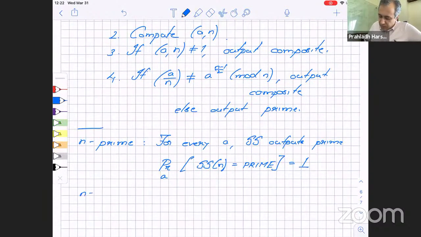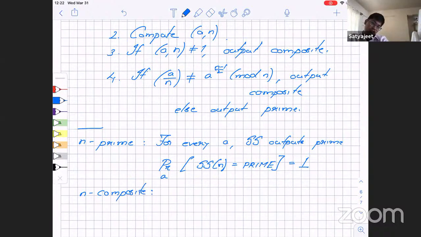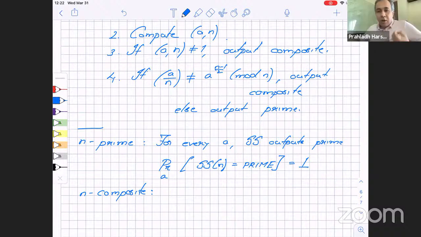But what if N is composite? It is going to say composite most of the time, except when it picks an A which happens to satisfy this inequality. In other words, it outputs prime else if A belongs to Sn.